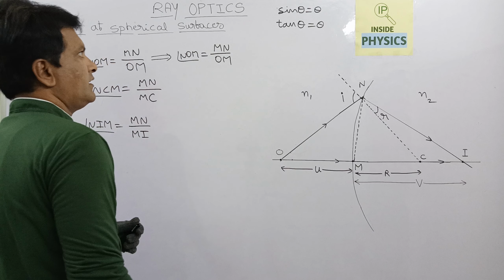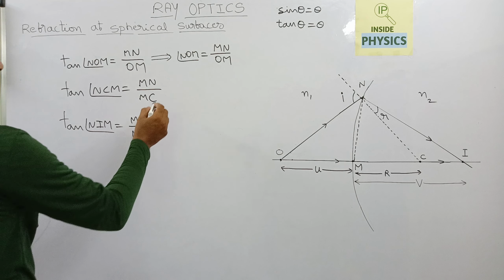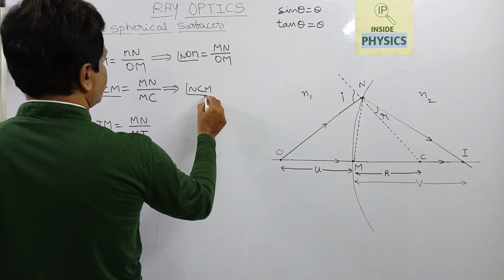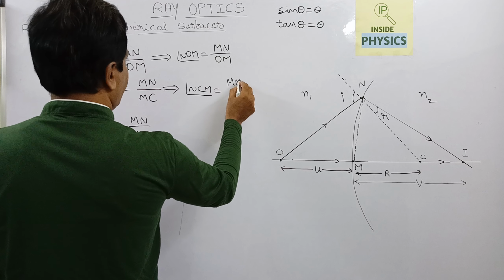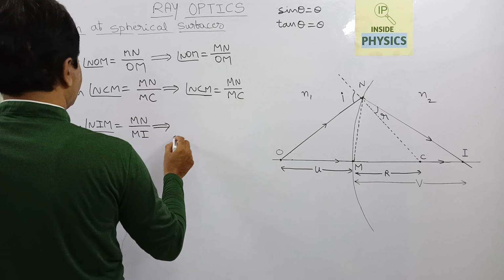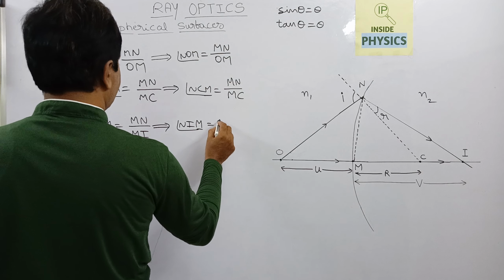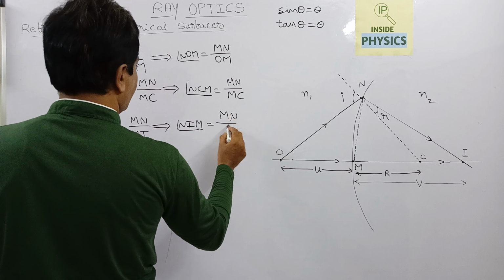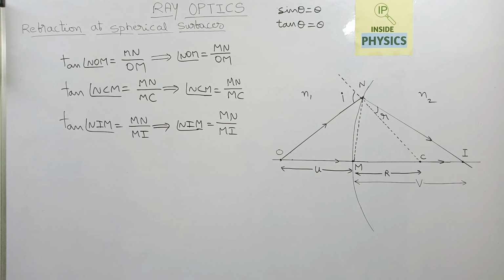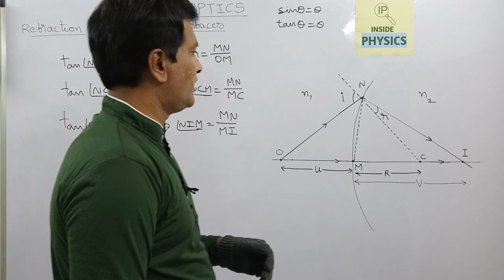This implies again angle NCM is equal to MN upon MC, and angle NIM is equal to MN upon MI. These are the distances we have taken from this diagram.